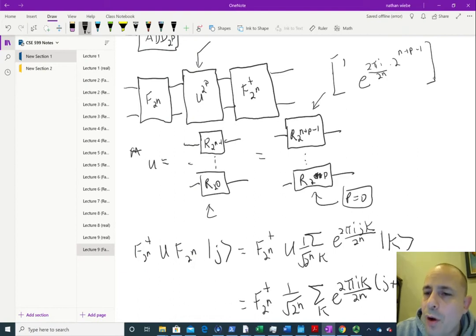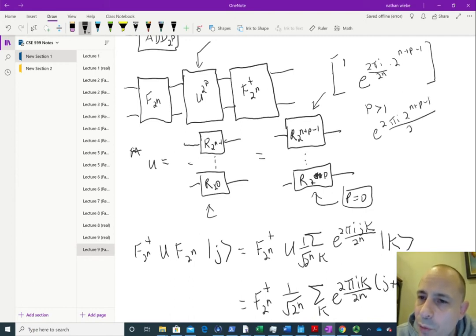Okay, cool. So now, let's say that we're dealing with a case where p is greater than 1. If p is greater than 1, then e to the 2 pi i 2 to the n plus p minus 1 over 2 to the n is equal to e to the 2 pi i 2 to the p minus 1, just canceling that and that.